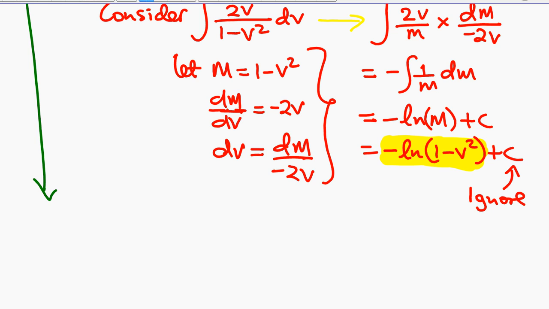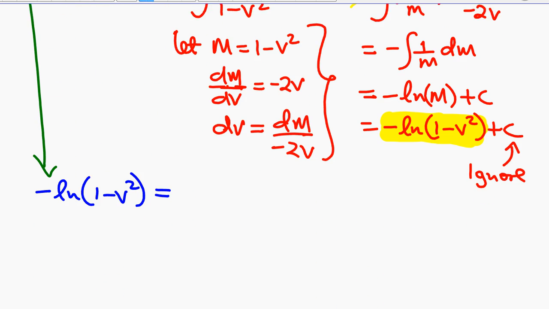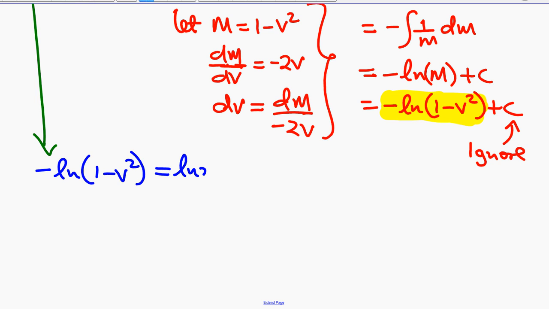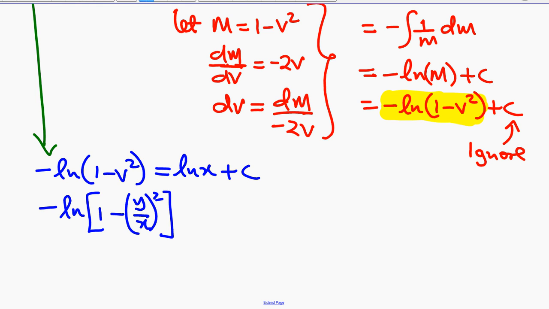So this integral will be equal to negative ln of (1 minus v squared), which will be equal to the integral of 1 over x, that will be just ln x plus c. All right, and we can carry on to simplify this. So this will be equal to negative ln of (1 minus, remember v is y over x, so this will be y over x squared), which will be equal to ln x plus c.